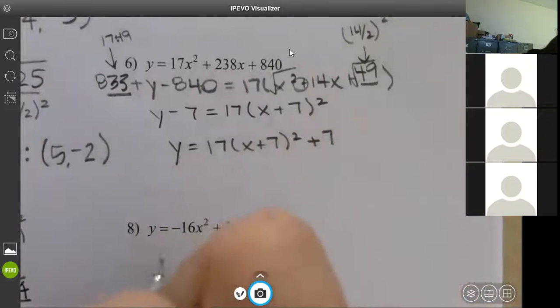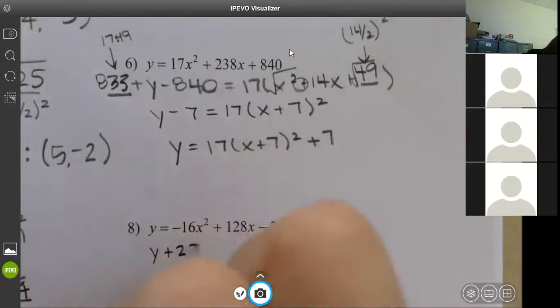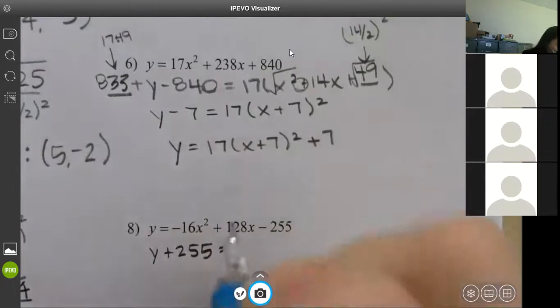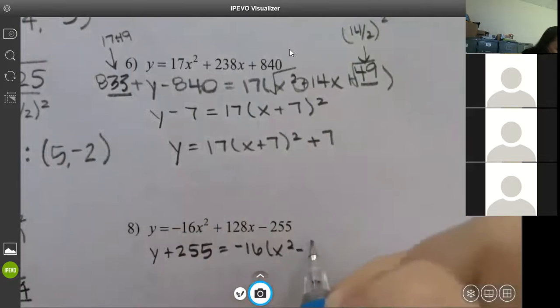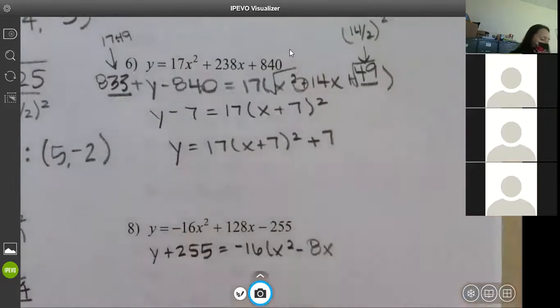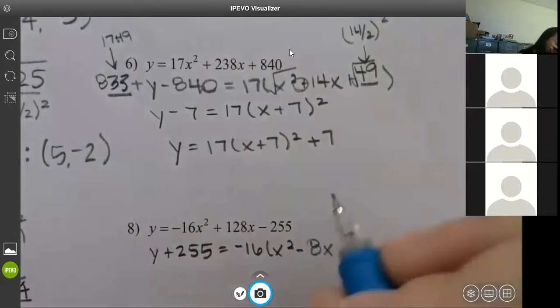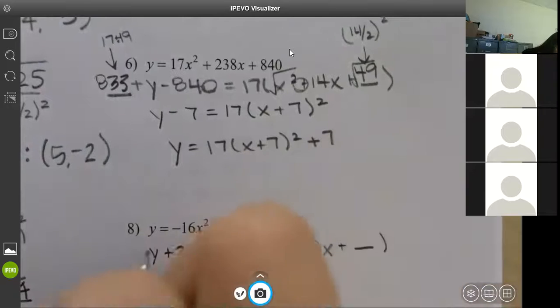Move your 255 over. What else do you have to do? Take out a negative 16, leaves you with x squared. 128 divided by negative 16 is negative 8x. Put your blanks in.